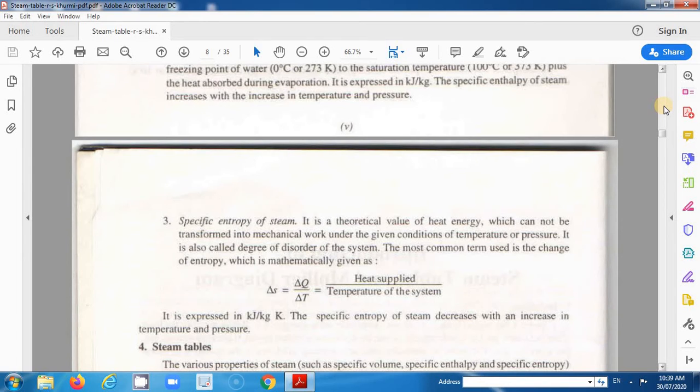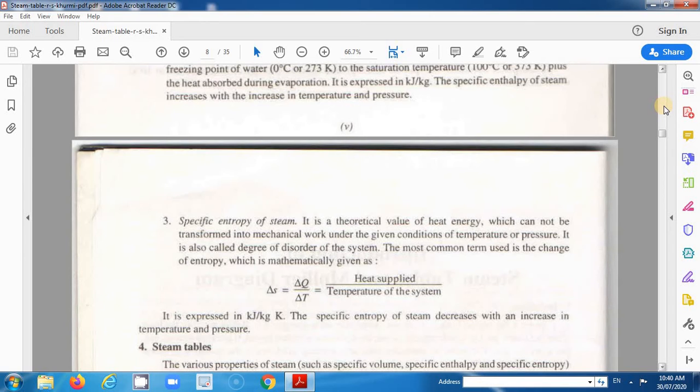It is called a degree of disorder of the system. The most common term used is the change of entropy. Already I told you it is very tedious to define entropy, but it is very easy to define the change in entropy.